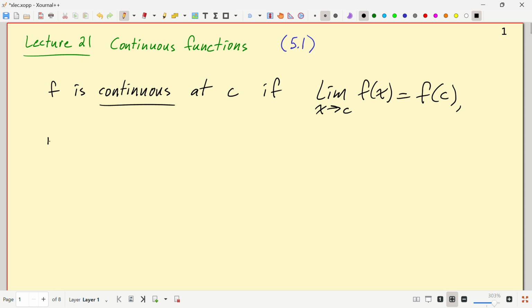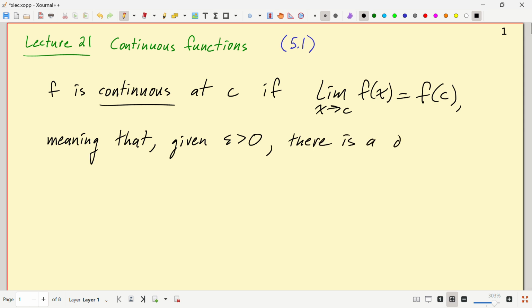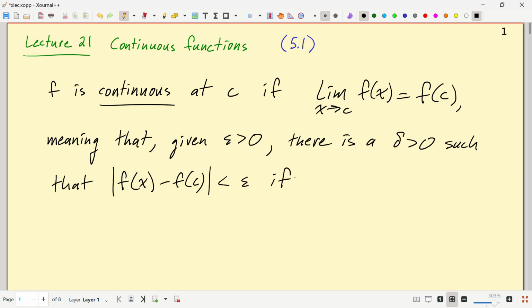So that means that given epsilon bigger than 0, there is a delta bigger than 0 such that the absolute value of f of x minus f of c is less than epsilon if, remember in the definition of limit, we always said x was close to c but not equal to c.